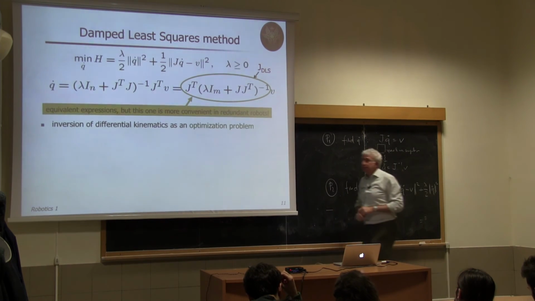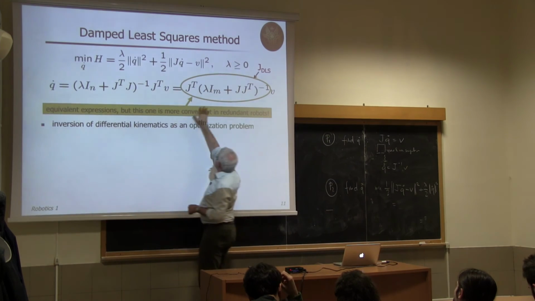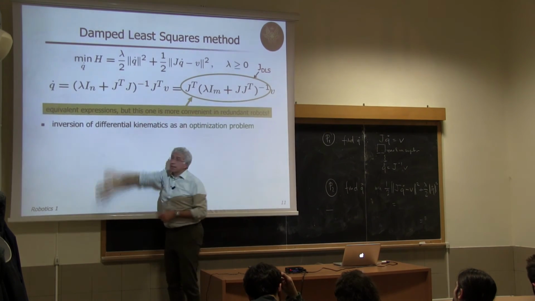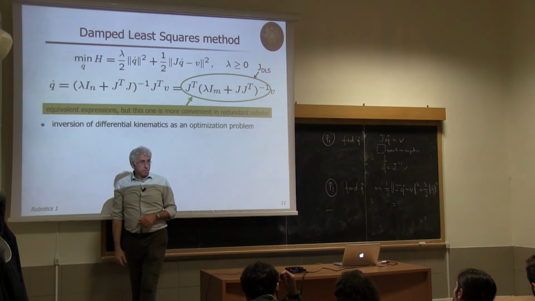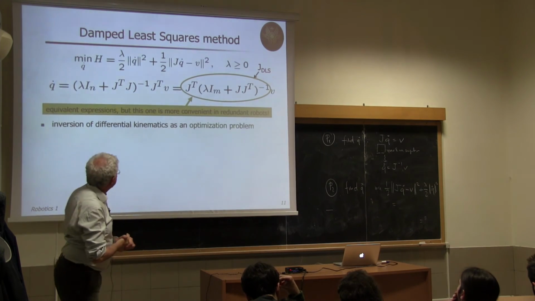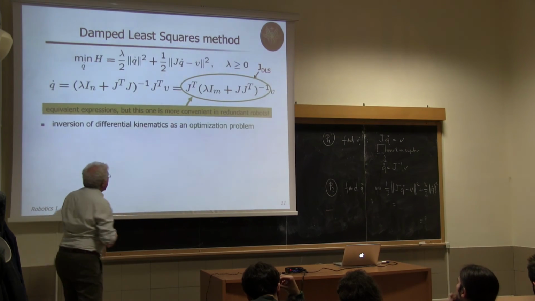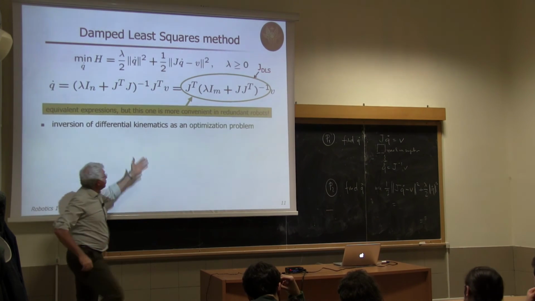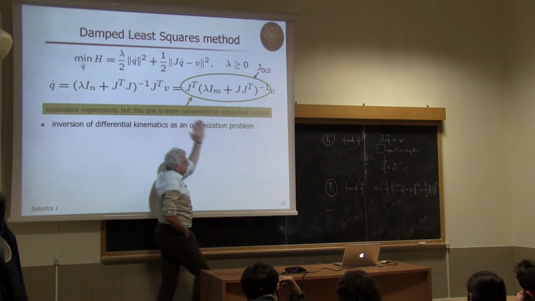I leave you as an exercise to show that this expression is identical to this expression, notwithstanding the fact that we have exchanged blocks. The second exercise is, how do you find this solution? Any of the two, they are equivalent.